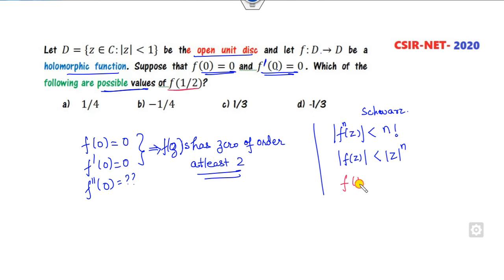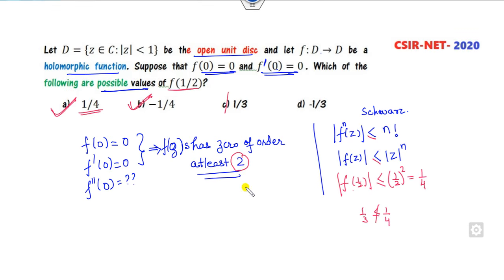What is the f of half? This is half of 2, so that is 1 by 4. So 1 by 4 is less than or equal, it is a possible value. Minus 1 by 4 is also satisfied. 1 by 3, is it less than 1 by 4? No. So this is not possible for n equal to 2.